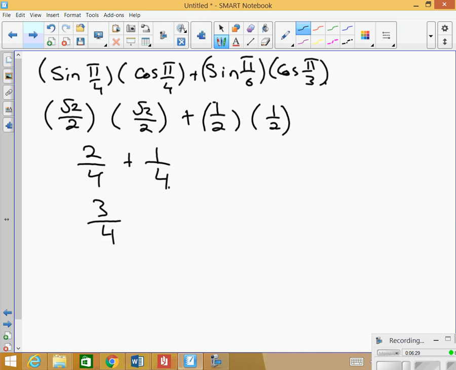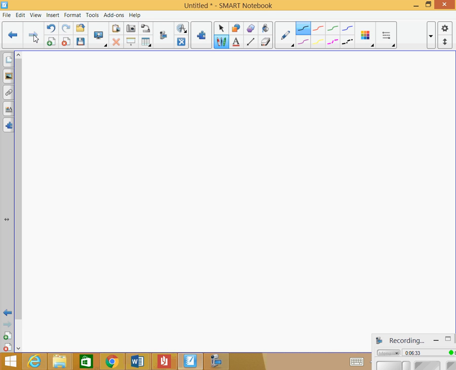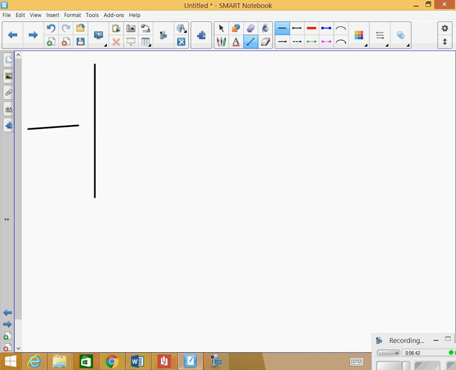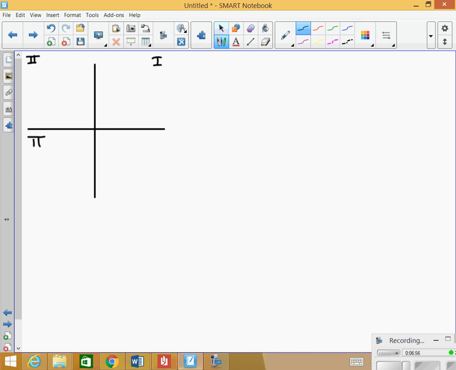Let's look at this involving the CAST rule. If we remember our CAST rule, we have our 4 quadrants. This is quadrant 1, quadrant 2, 3, in Roman numerals, and quadrant 4.